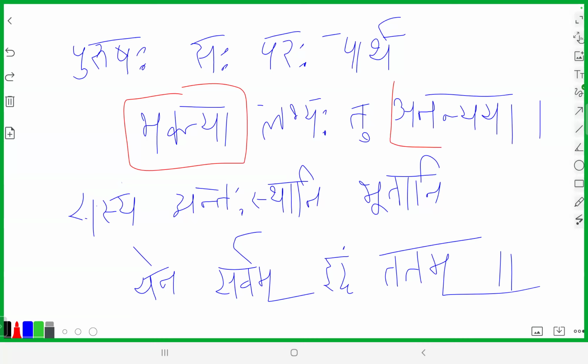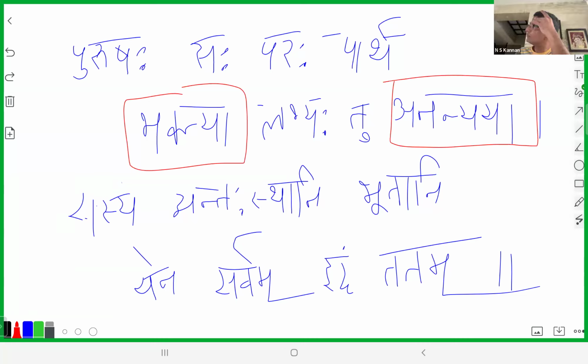So for akarant strilinga Rama Ramaya, so Ananya, Ananyaya. Got it? This is an akarant strilinga word. This is an ikarant strilinga word. Correct. Ananyaya bhaktya labhyaha. Labhyaha, the person who is available.